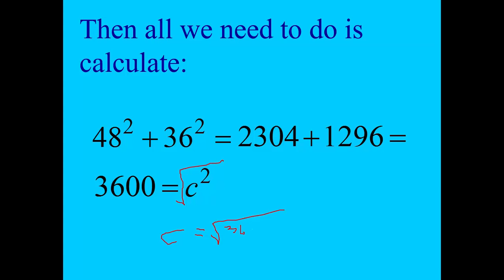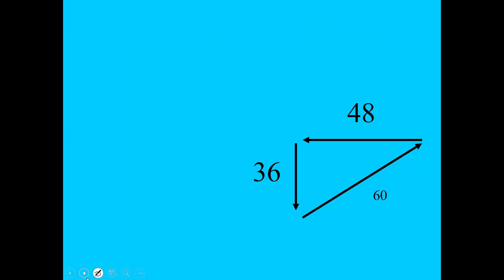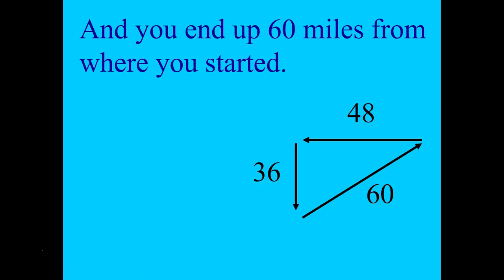Using our calculator, it comes out to be 60. So c squared is 3,600, therefore c itself is 60. So you ended up a total of 60 miles away from where you started.